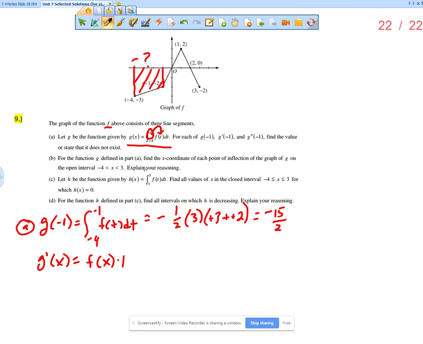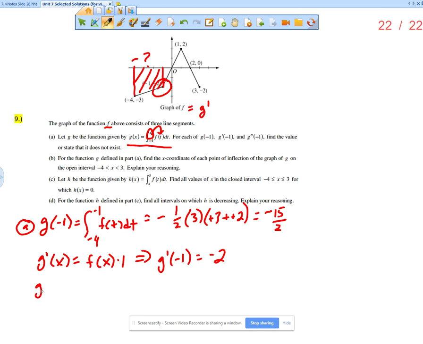So g prime is f. This graph of f is also a graph of g prime. If I want to know g prime of -1, where is this graph when x is -1? That value is -2. So g prime of -1 is -2.